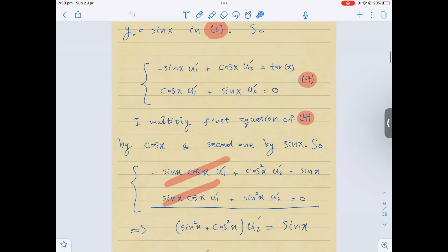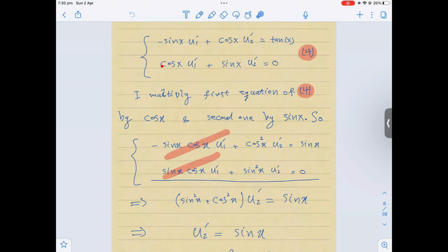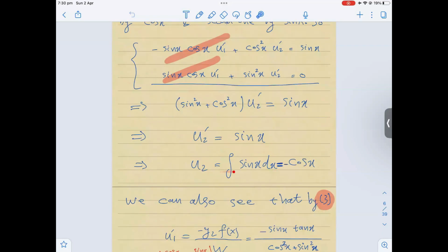It is easy to multiply the second equation by sin x and the first equation by cos x. So the u1 prime expressions cancel, and we can obtain u2 prime. So u2 prime will be this expression minus cos x.